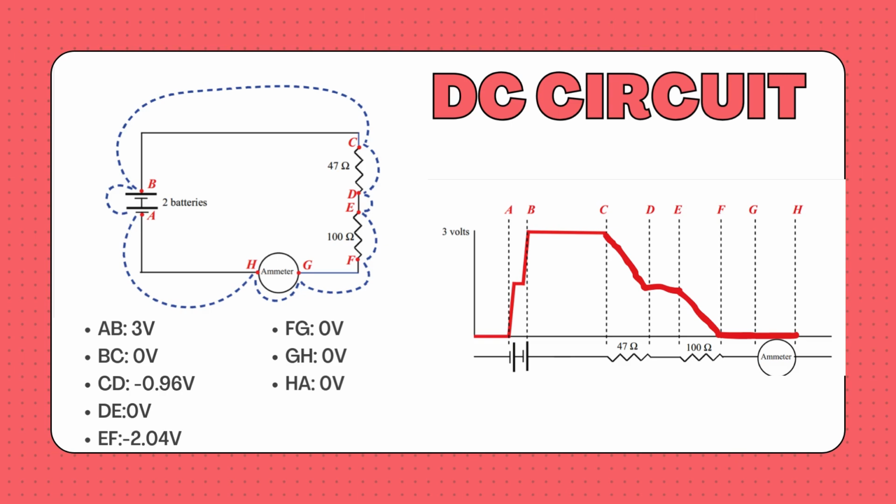Like here we have from A to B, it's 3 volts. From B to C, it's 0. From C to D, it's negative 0.96. From D to E, it's 0. From E to F, it's negative 2.04. F to G is 0, G to H is 0, and H to A is 0. So in total, 0.